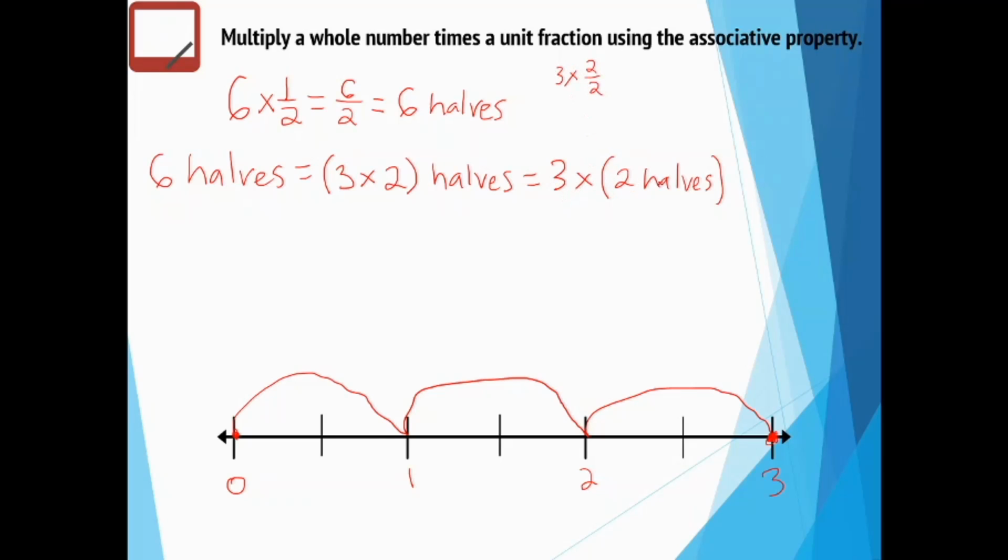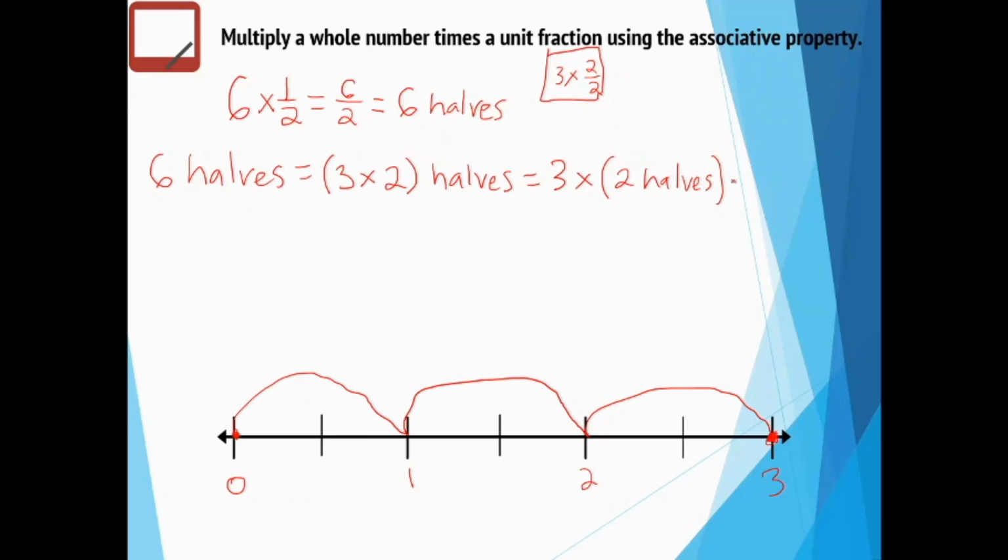So that's basically what I just wrote, just a little differently. I wrote this 6 times half, so we have 6 halves. Now all I did was break that 6 up into 3 times 2. So now I've reassociated the 2 times the halves. So another way to write this is like that, right?